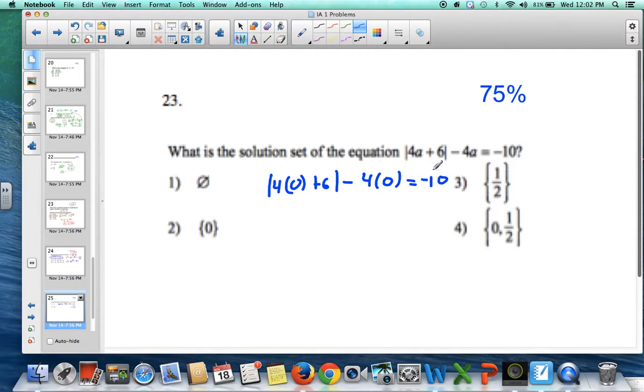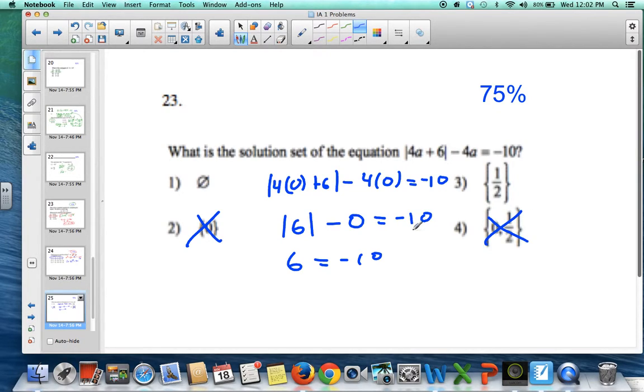Is that true? 4 times 0 is 0, so that gives me absolute value of 6 minus 0 equals negative 10. So 6 equals negative 10. It does not, 0 is not a solution. So that means this is not a solution either.